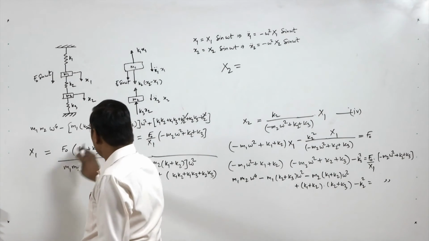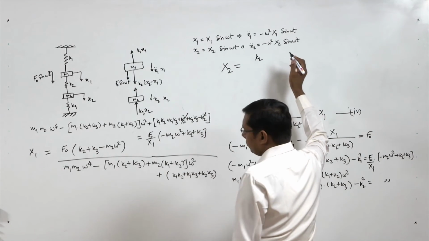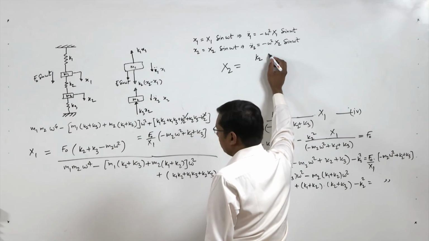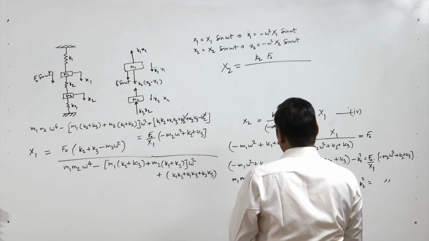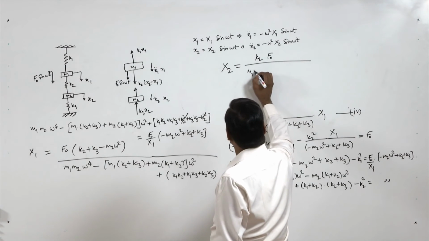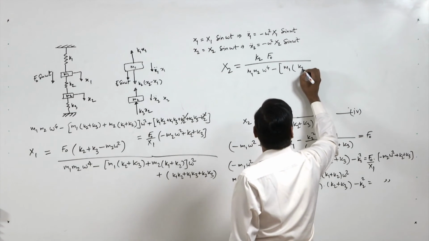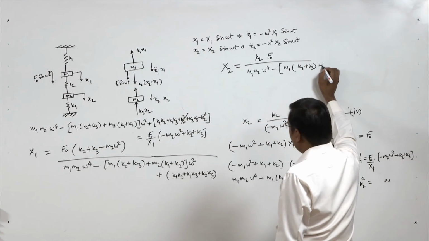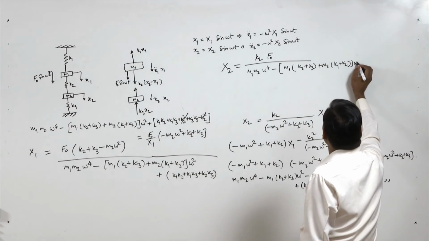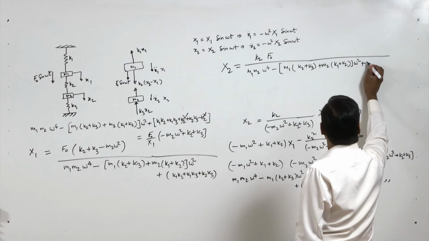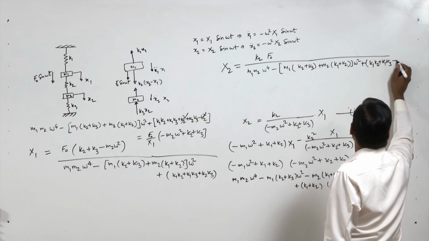So x1 by this term we put here, so it is K2 f0 by m1 m2 omega power 4 minus m1 K2 plus K3 plus m2 K1 plus K2 omega square plus K1 K2 plus K1 K3 plus K2 K3.